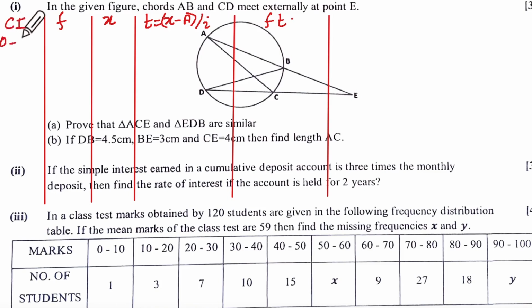Quickly write over there 0 to 10, go up to 100.